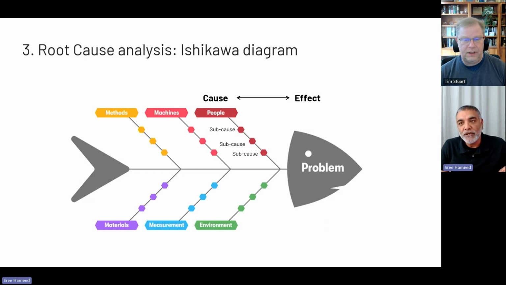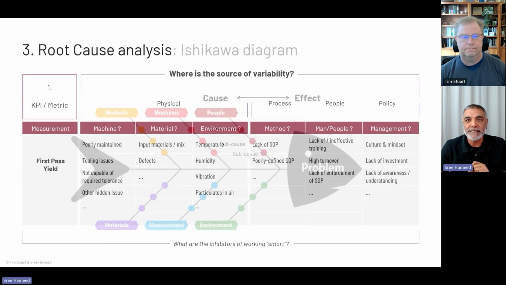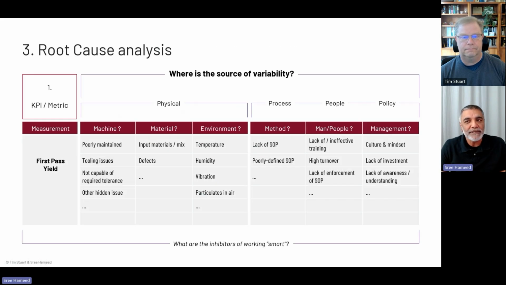Mm-hmm. So here we are using a fairly well-known framework known as the Ishikawa diagram or fishbone diagram to capture cause and effect, and specifically designed to identify root causes of variability. What we have done is simply lay it out a little bit different.